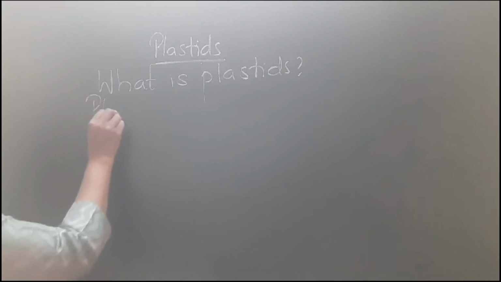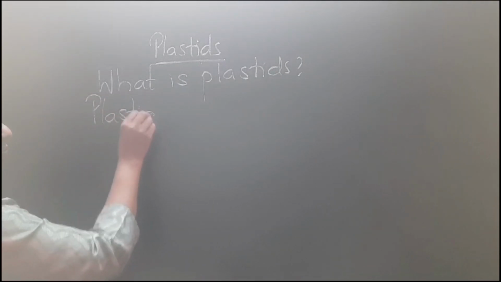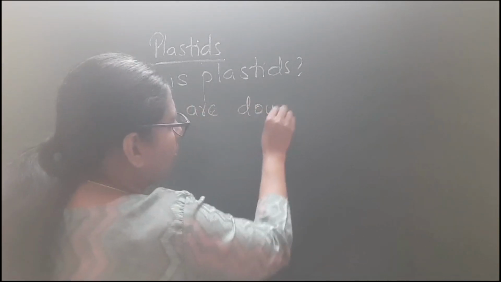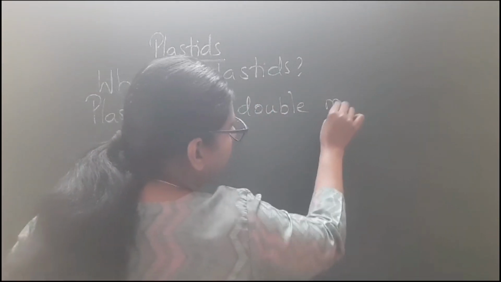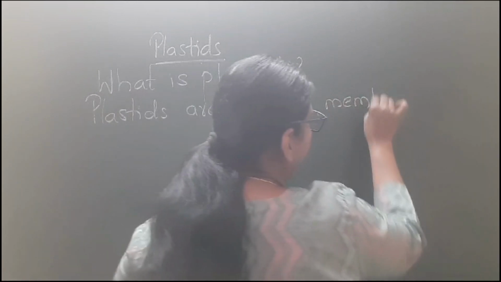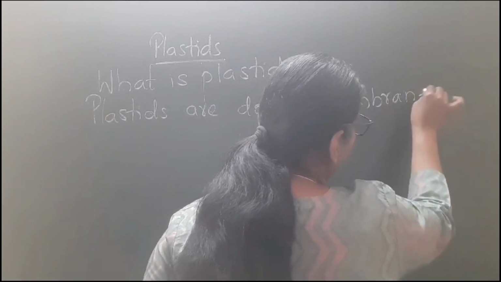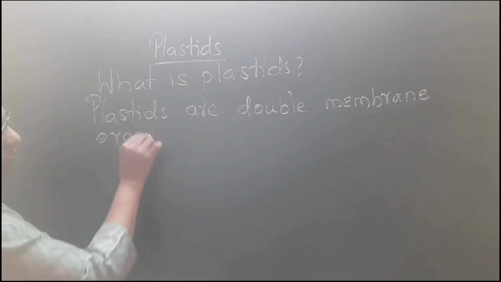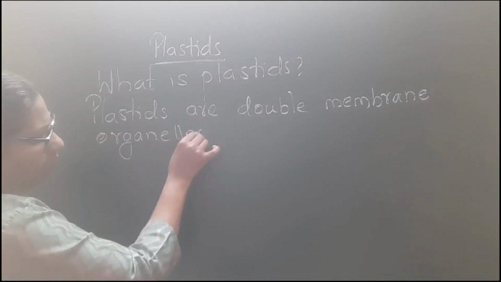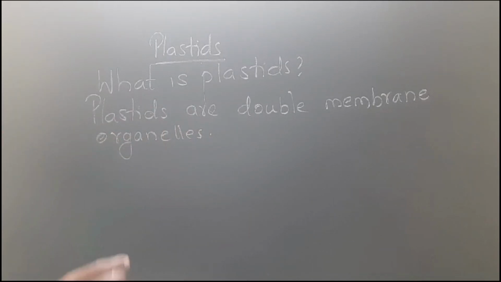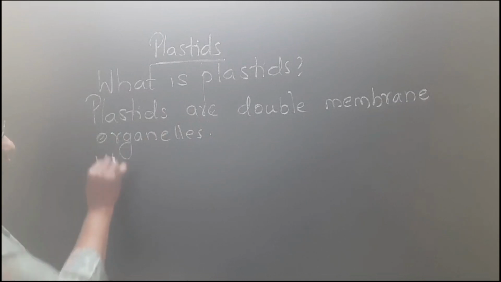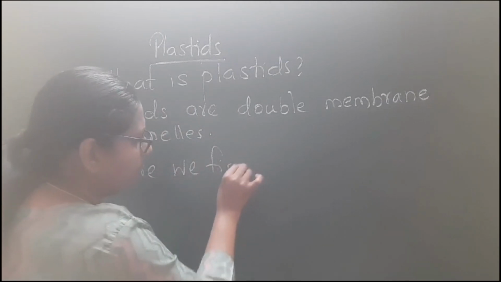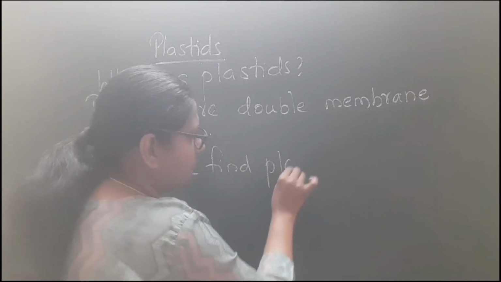Plastids are double membrane organelles. Where can we find them?